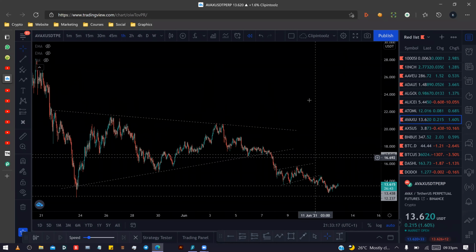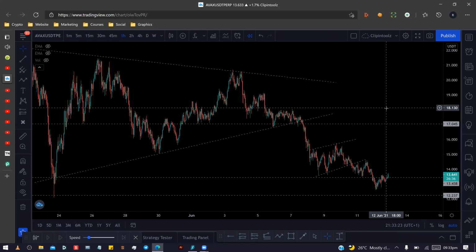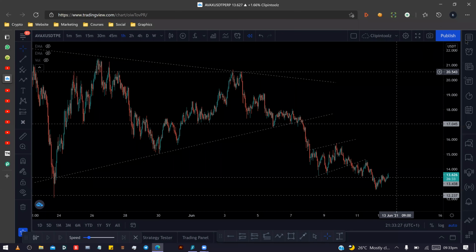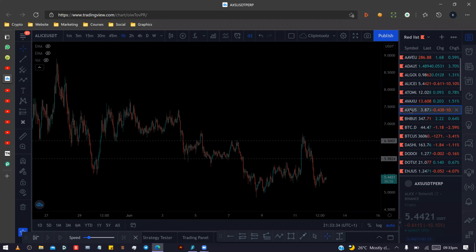If I see fundamental news about a coin, like Binance creating an NFT platform this June, I go and analyze all the coins related to NFT. I went to Alice and AXS to analyze because they are NFT related.